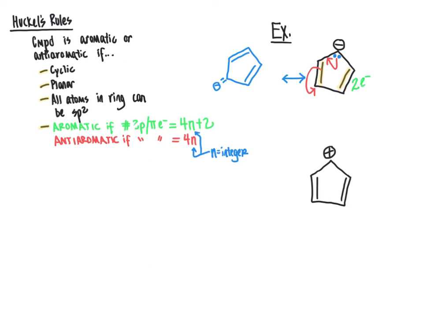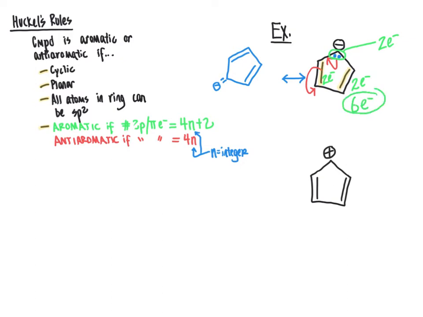So we count 2 electrons for that pi bond, 2 electrons for the other pi bond, and whenever we have a set of lone pair electrons that can participate in resonance to become a pi bond, we count those as well. So this set of lone pair electrons counts as 2 electrons, because we can show by resonance that both of those electrons will participate in formation of this pi bond here. So that's a grand total of 6 pi electrons.